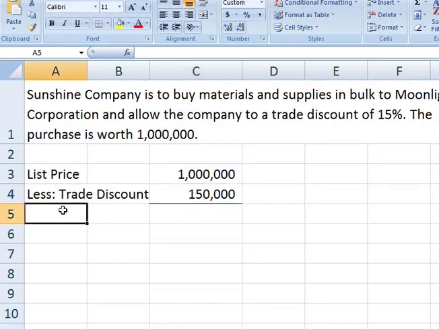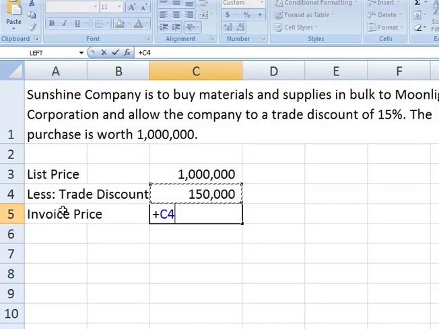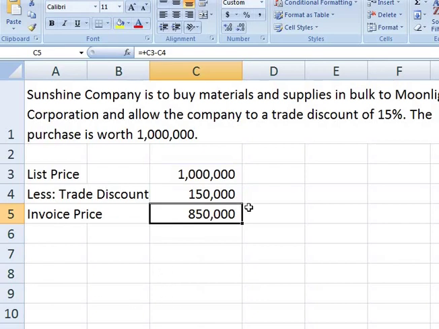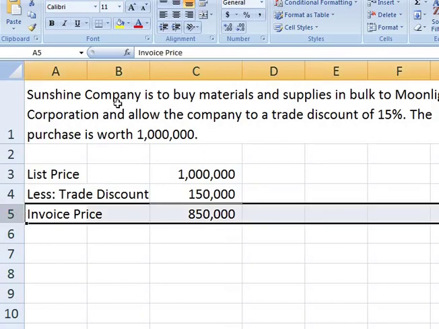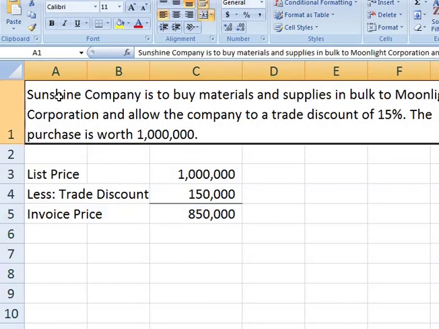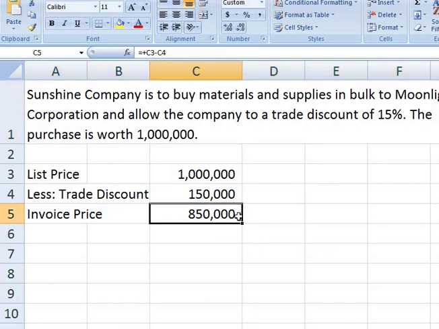So, with that, our invoice price ay 1 million minus 150,000. So, your invoice price would be 850,000. So, take note that on the point of view of Sunshine Company, the buyer, magre-record siya ng purchases amounting to 850,000.